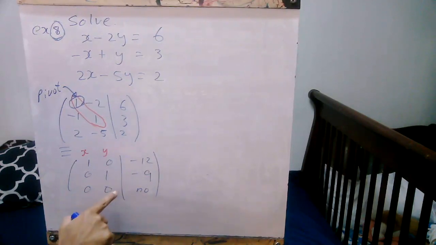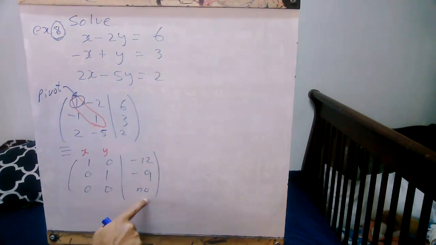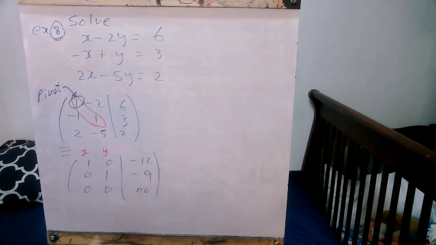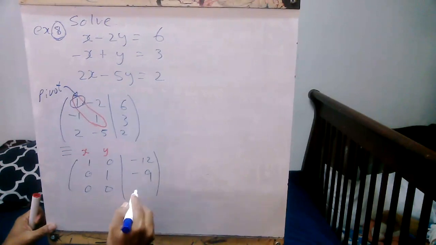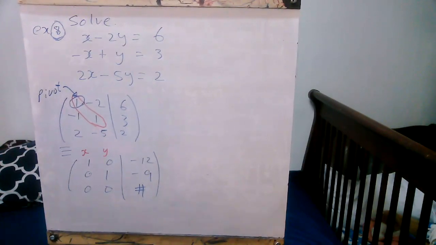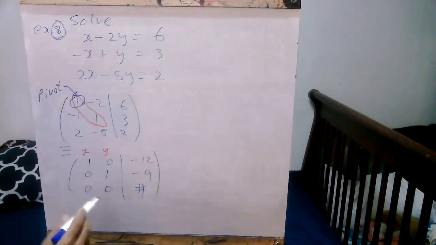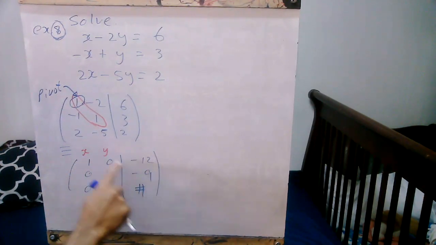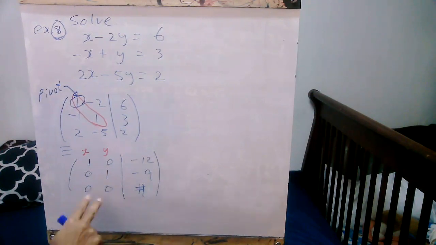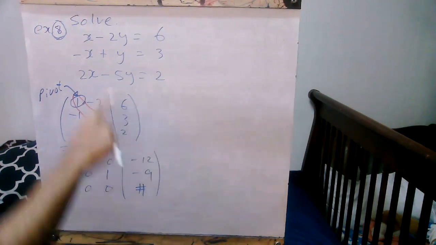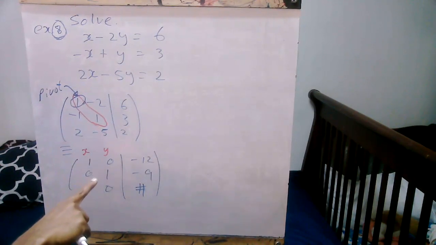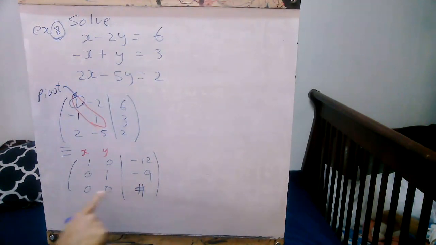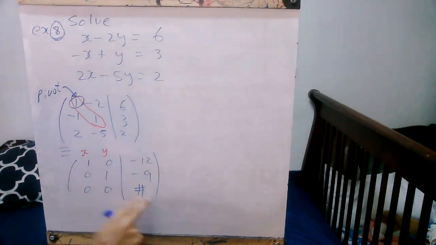Now we have the left side of a row equal to 0 and the right side is a number. I write this symbol to indicate it is a number. Then the system is inconsistent. We cannot say, okay, x is negative 12, y is negative 9. We have to take care of this line. When we take care of this one, we see left side zeros and right side a number.